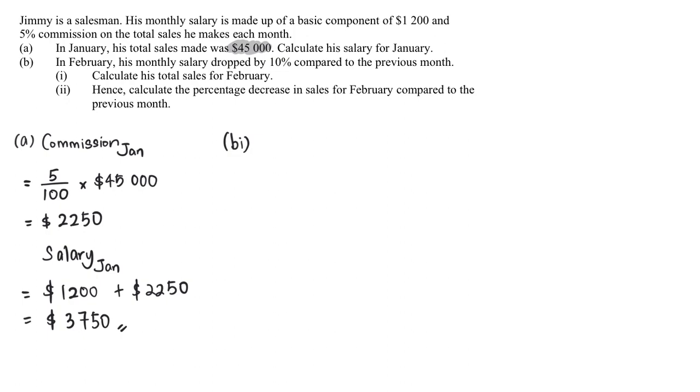So for B part 1, in order to calculate his total sales for February, I must first find the monthly salary, then from there I work towards this end, okay? So since it dropped by 10%, it simply means that the monthly salary for February will be equals to 90%.